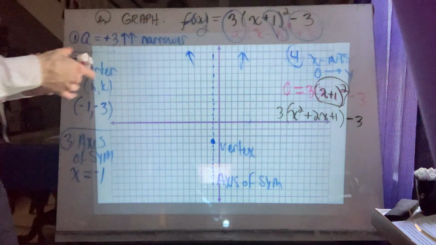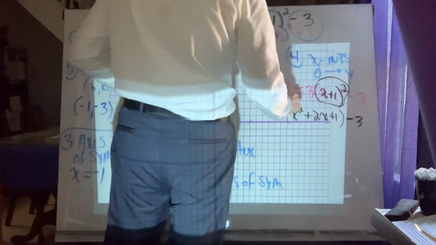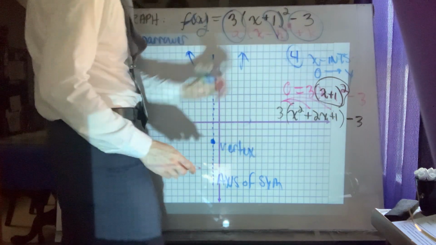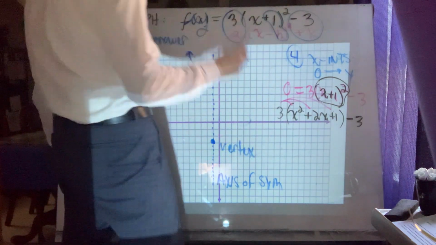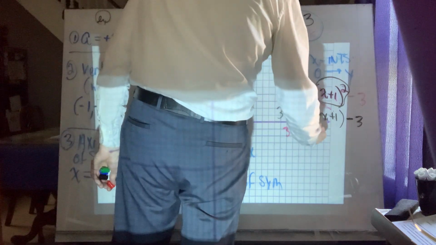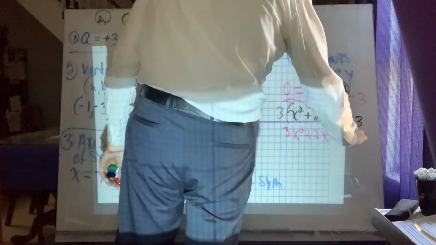Then you distribute the 3 to each of the polynomial terms, so you'd end up with 3x squared plus 2x plus 1, and then there's this hanger-on minus 3 here.